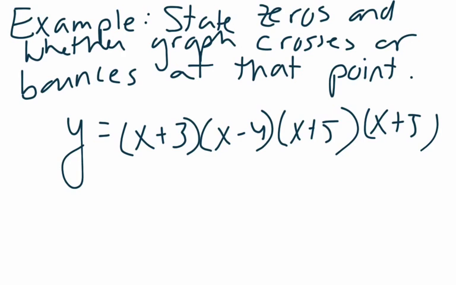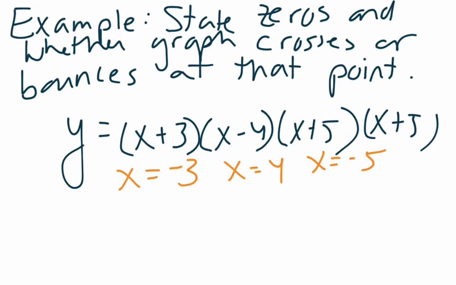So if I'm asked for the zeros, and I already have the y by itself, I'm welcome to just flip the sign. So it would be x plus 3 equals 0. And then you would do the opposite operation, which would be subtraction, which would give you x equals negative 3. Here you would do the same thing, and you would have x equals 4. Here you would have x equals negative 5.